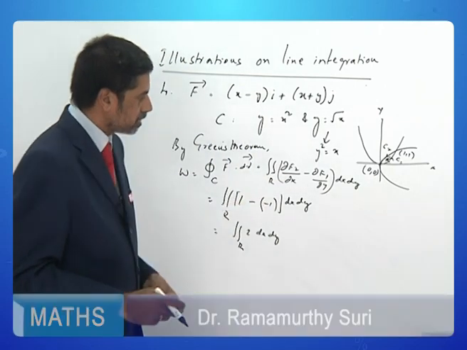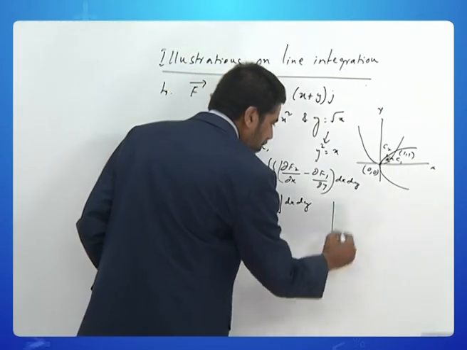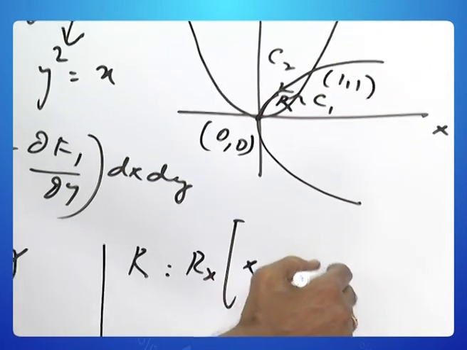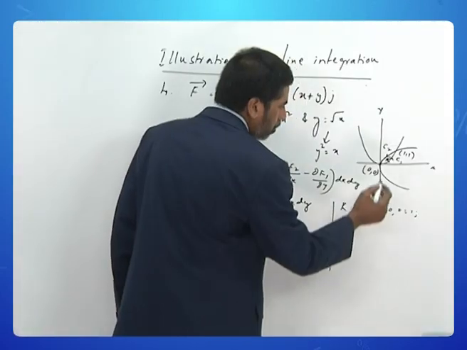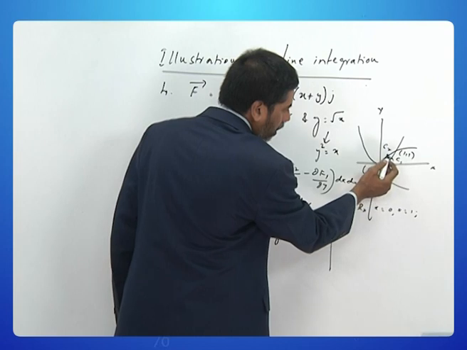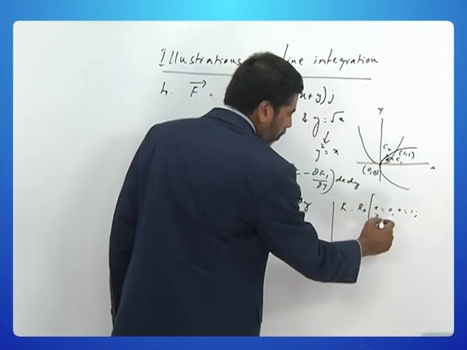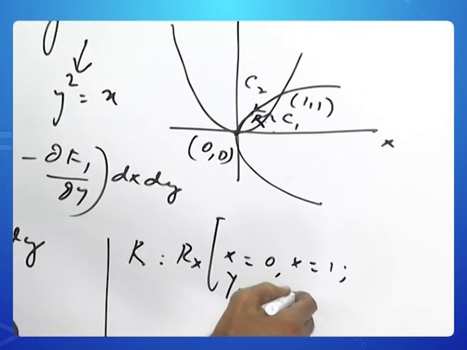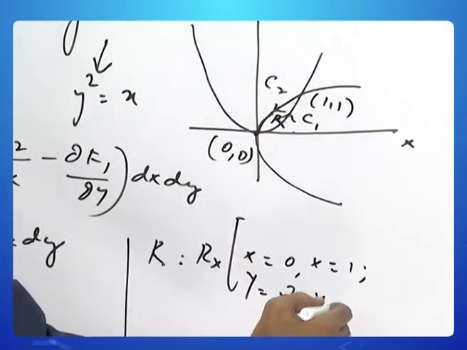So if you look at that region, R is an Rx region where x varies from 0 to 1. Y varies with this as a lower boundary and that as upper boundary. Lower boundary is the x square parabola and the upper boundary is the root x parabola.